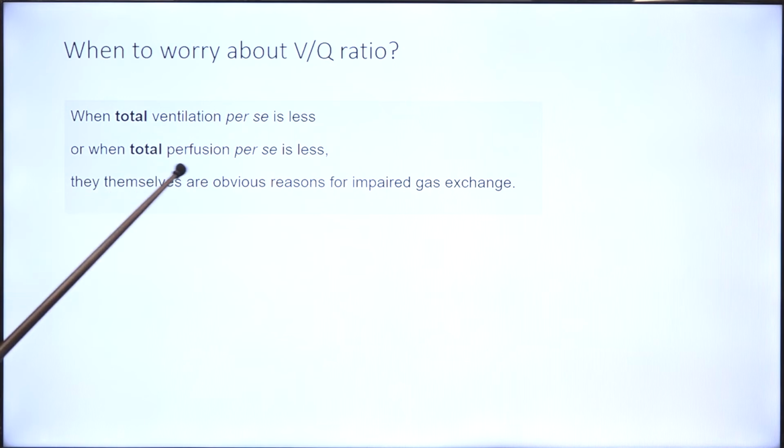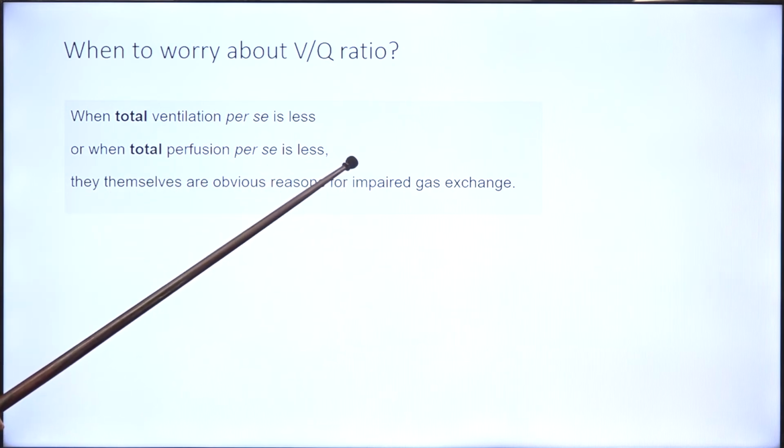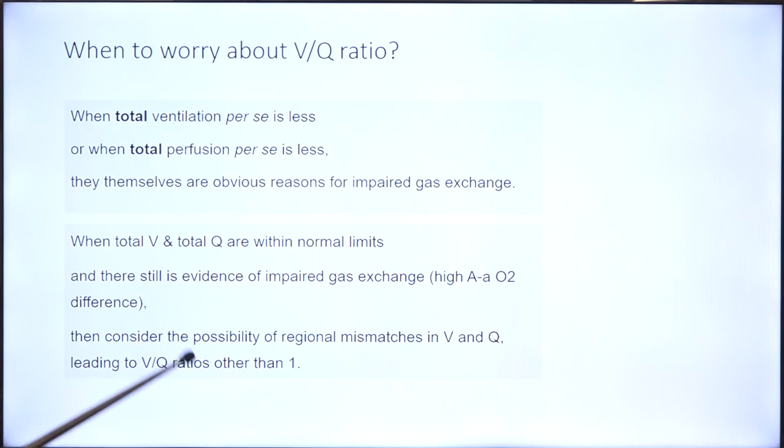When total perfusion is less, we have already seen that there is no abnormality in PO2 or PCO2 in arterial blood. When both these are within normal limits and there is still evidence of impaired gas exchange, that is when we consider the possibility of accentuated VQ mismatch in different regions of the lung.